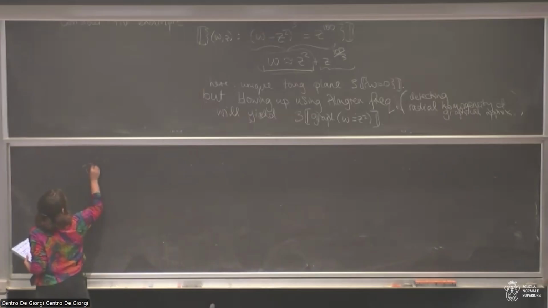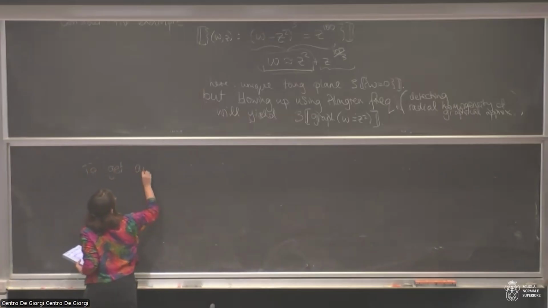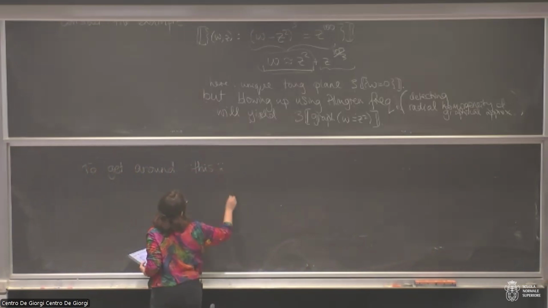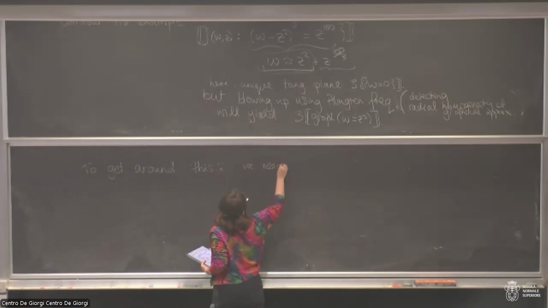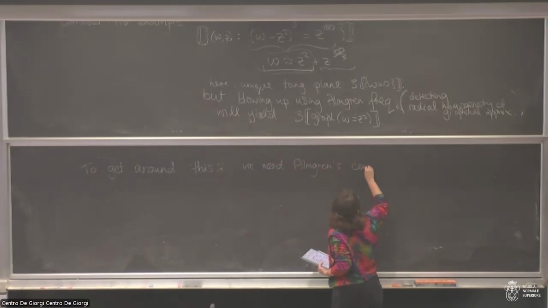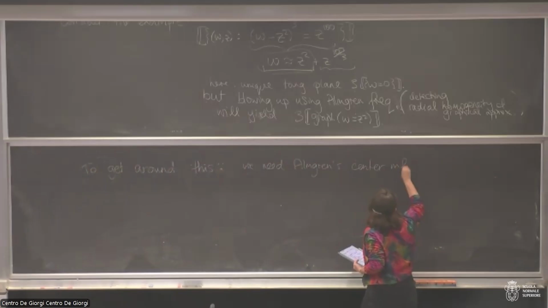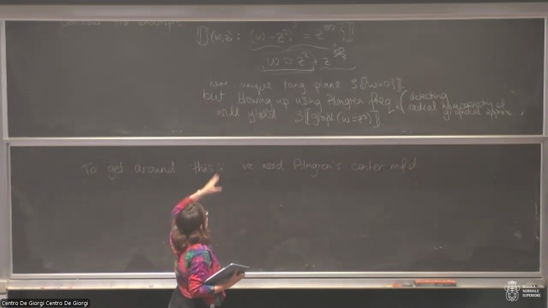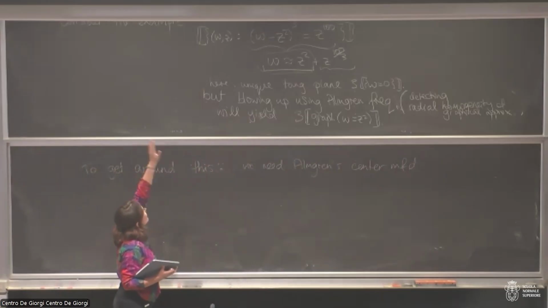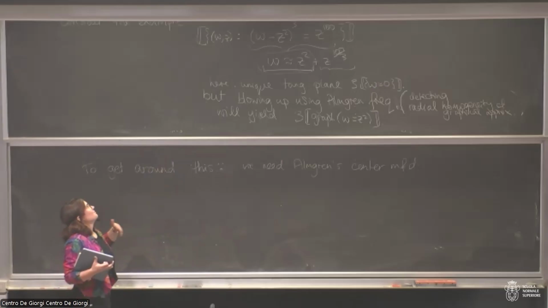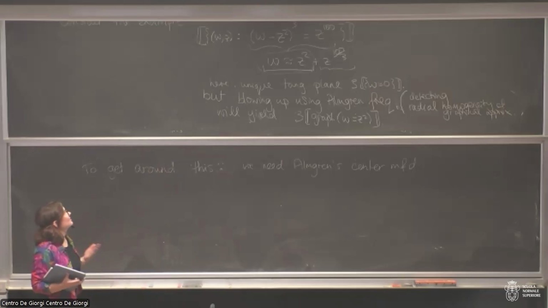So to get around this, we need the role of the Almgren center manifold, which is basically exactly to, so if you like, what you're essentially doing locally around these branch points is you want to Taylor expand your surface relative to the optimal plane.